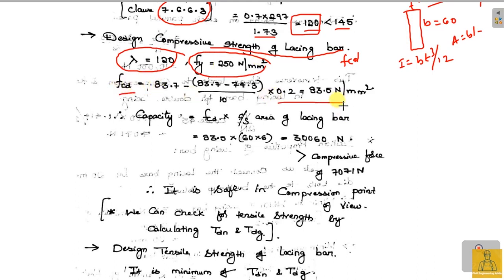It belongs to buckling class C, so you need to use Table 9C. And PD is FCD into the cross-sectional area of the lacing bar, 60 into 6. This is the stress that the lacing bar can take, multiplied by the area will give you the load it can take. See, what is the load?